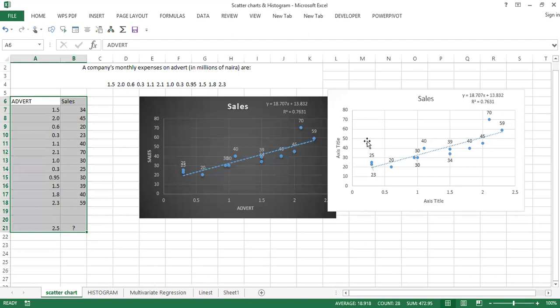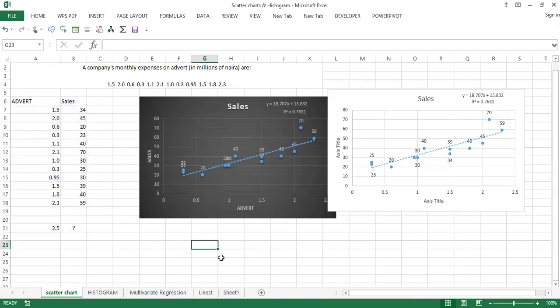See what we got from the scatter plot: y equals 18.70 something x plus 13 point something. Is it the same? Yeah, exactly the same.